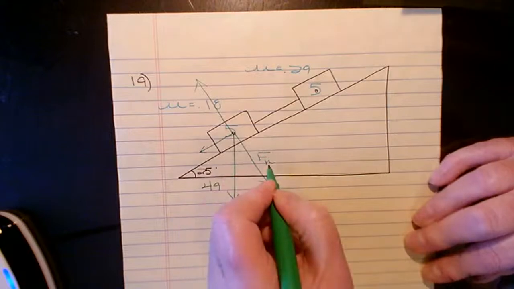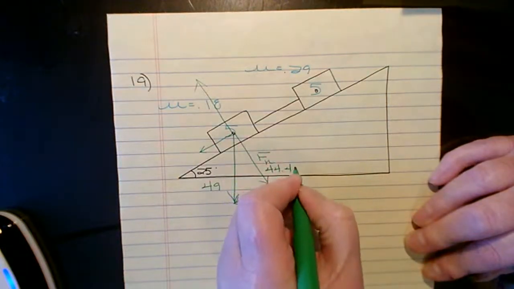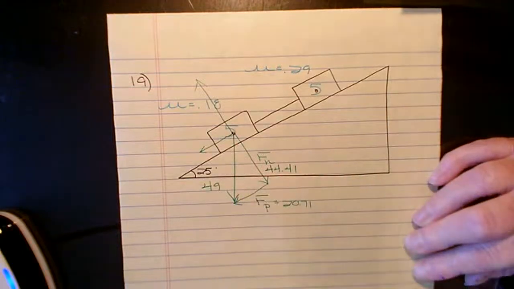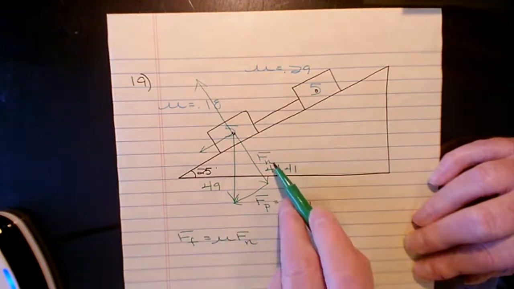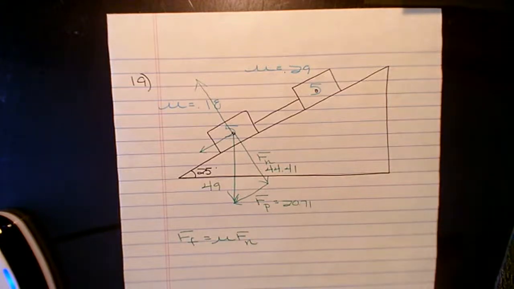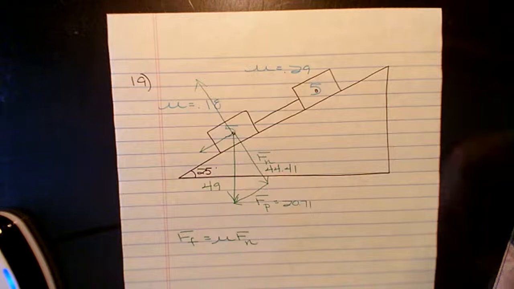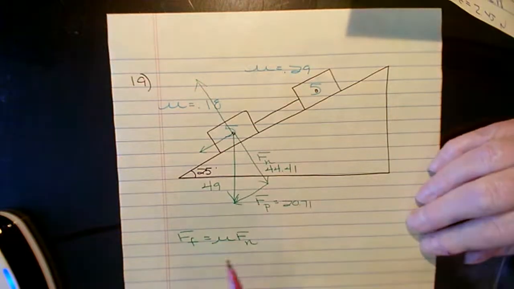Fn is Fw cosine theta, and that was 44.41. Friction is going to be mu times Fn, and now that I have Fn, I can find friction. So the friction for this particular box turned out to be 7.99.